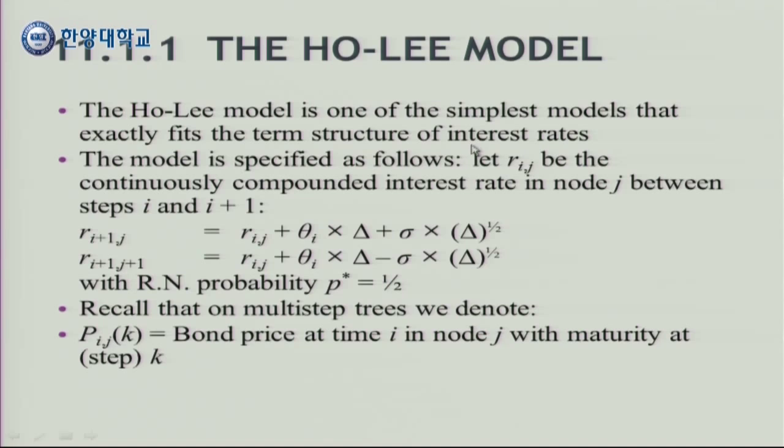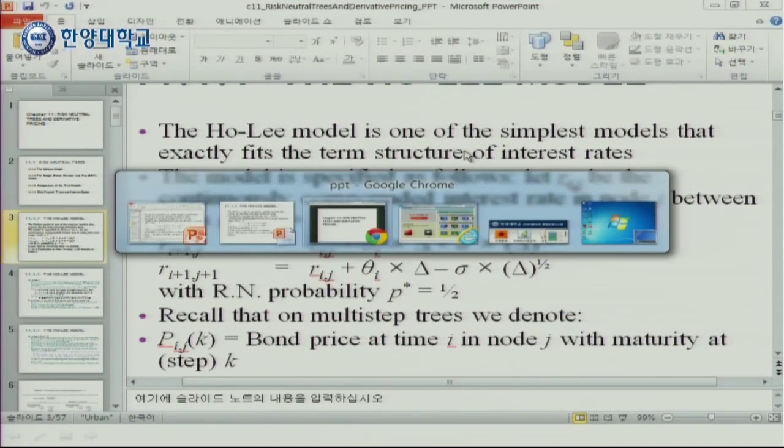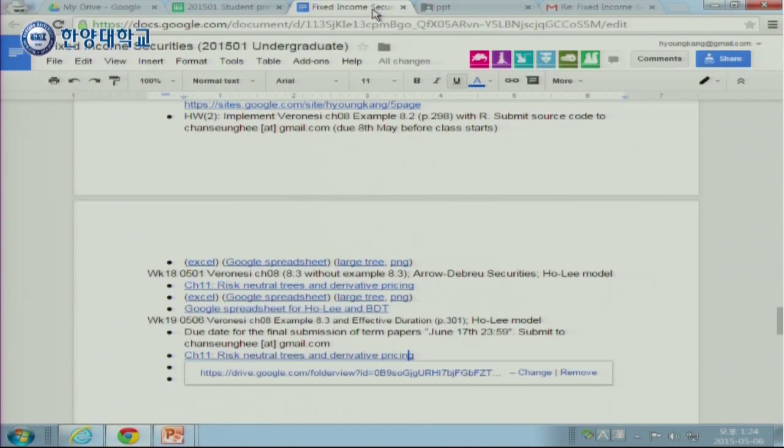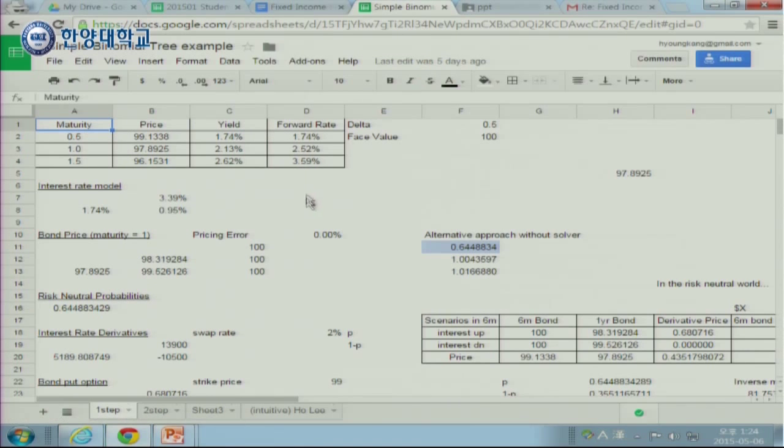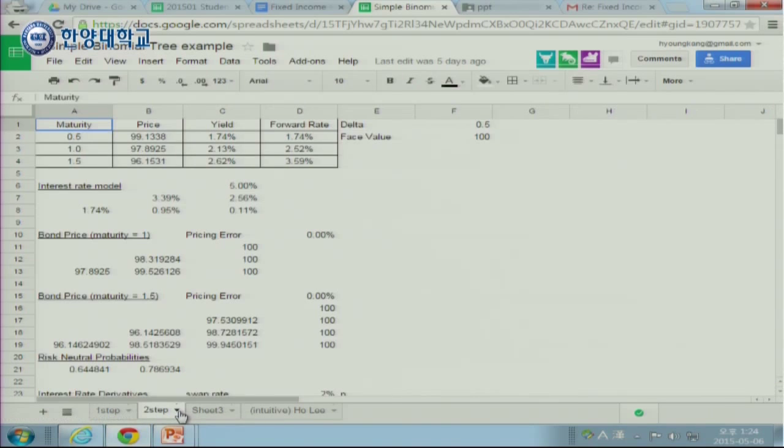So to go back to our Excel sheet, Google spreadsheet, I think this one. Okay. So this is our data. Of course, I will generate more data shortly, but this is our data. Let's say two-step model.